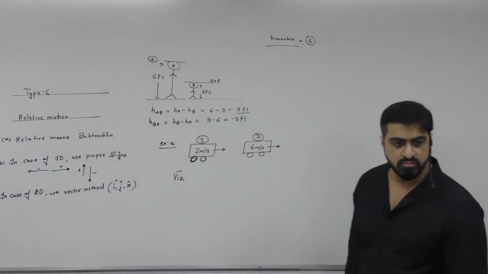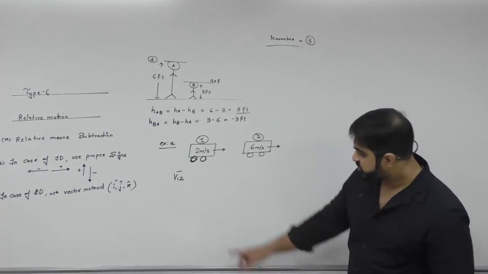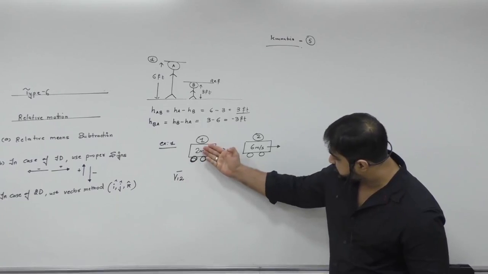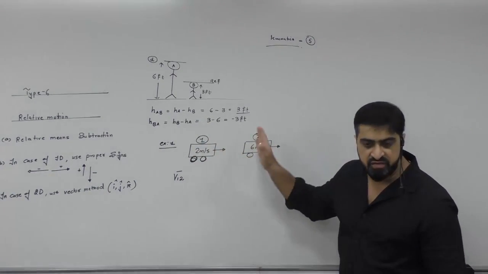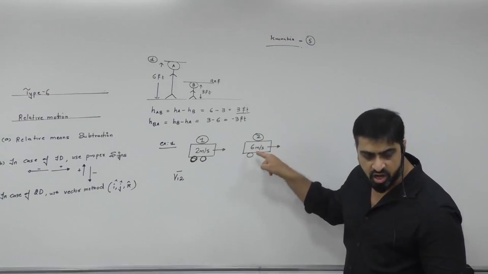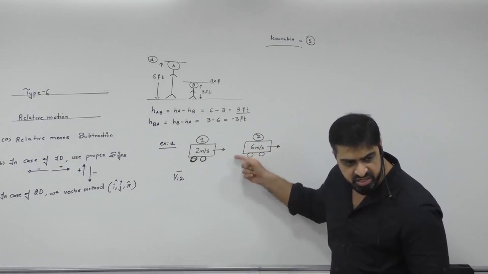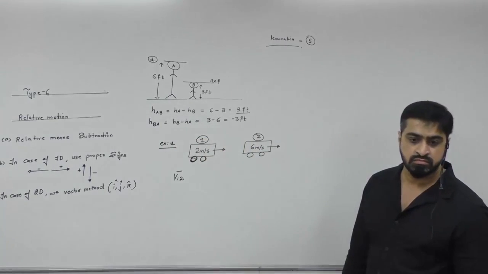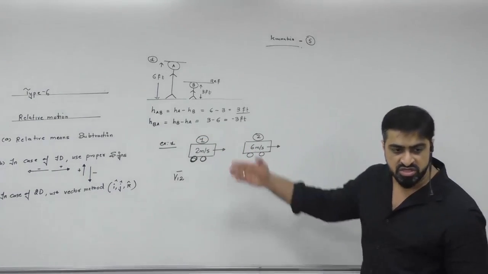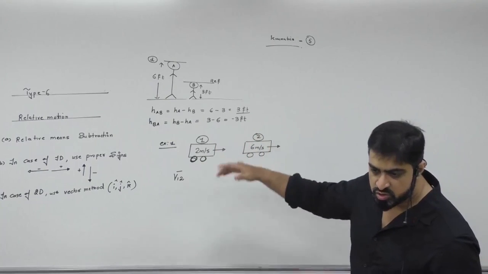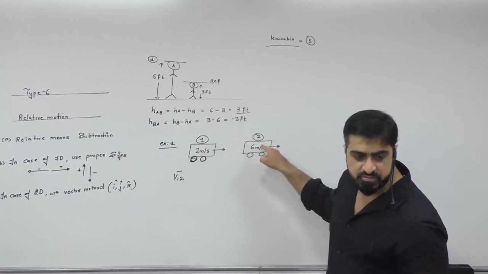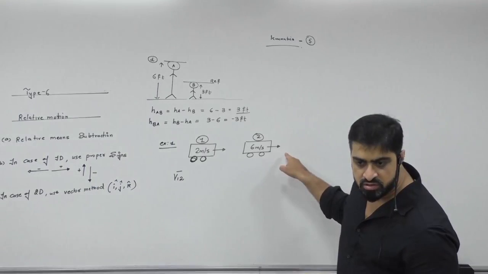Means who is looking at whom? Velocity of 1 with respect to 2 means 2 is looking at 1, and we are asking 2 that according to you, which speed is he going by? It will be different because these speeds are according to us on the ground.